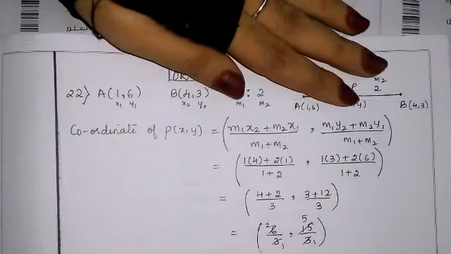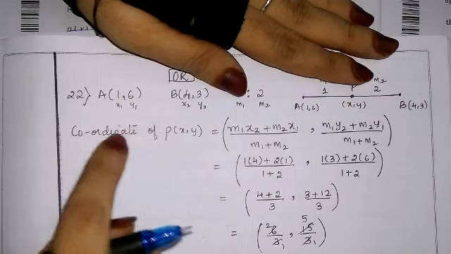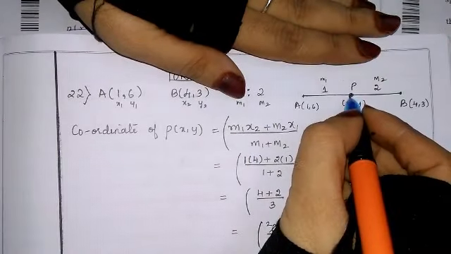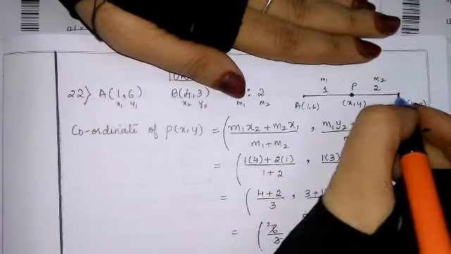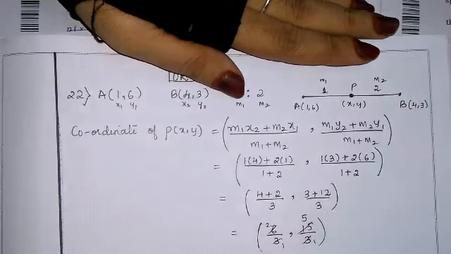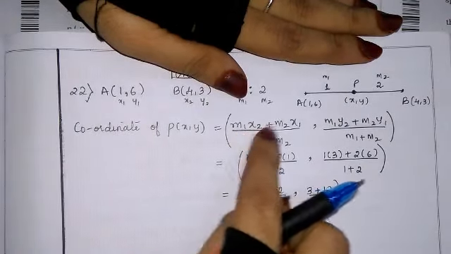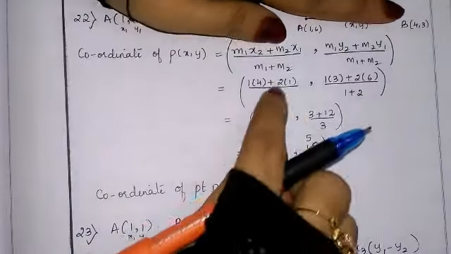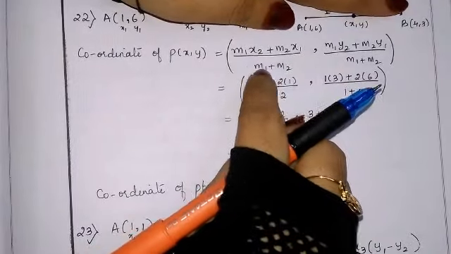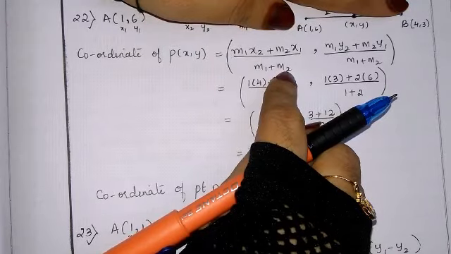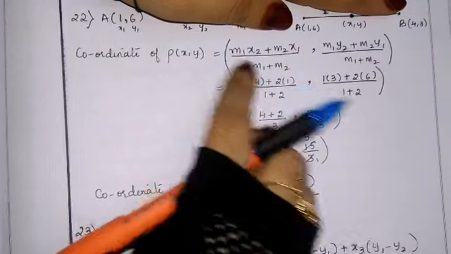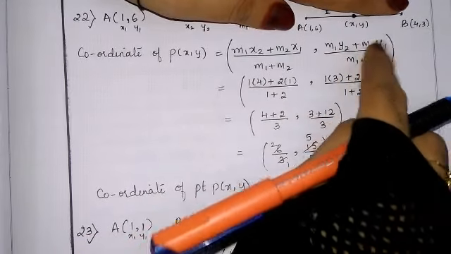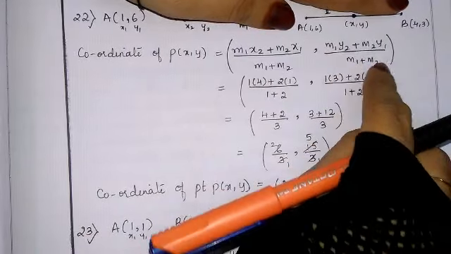How will we find the coordinates of the point? P divides AB in the ratio 1:2. So the formula is m1 x2 plus m2 x1 upon m1 plus m2, and m1 y2 plus m2 y1 upon m1 plus m2.